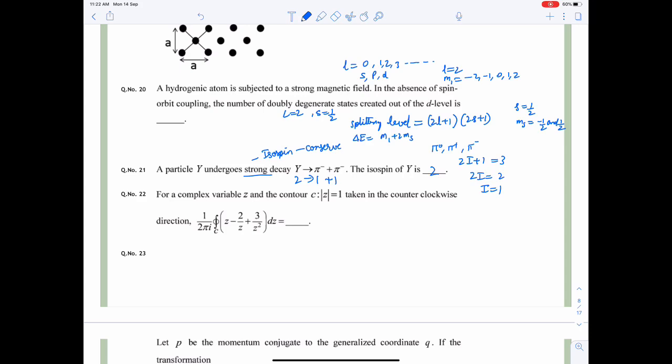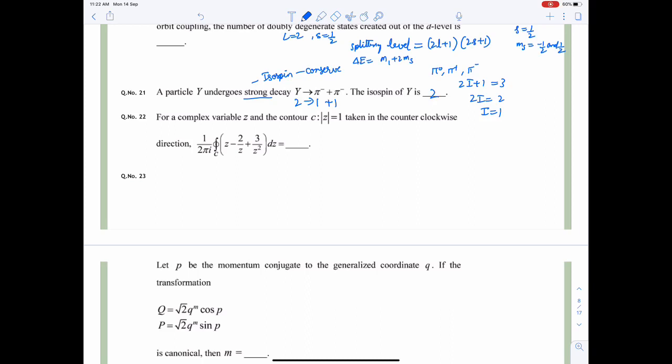L I have described, and ml you also know. Now you have to do the splitting. When you do the splitting, the table will become like this: ml, ms, and here is the energy level, that is ml plus 2ms. So ml is 2, with ms half and minus half, because of spin. For 1, half and minus half.